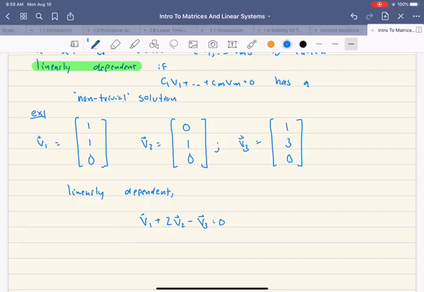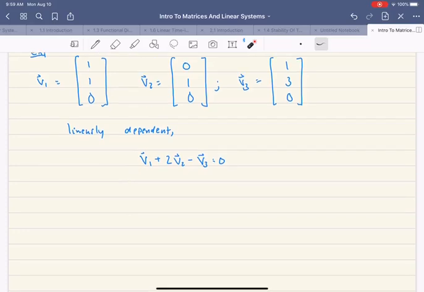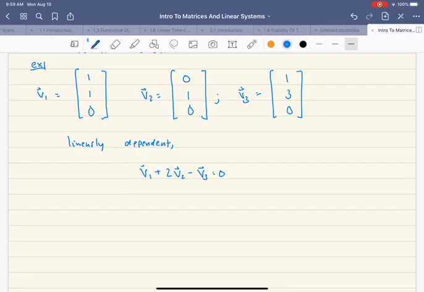If I do that, then I'm going to get 0. So I get solutions with these three, or combinations of these, where the constants are not 0. So let's take that in contrast.